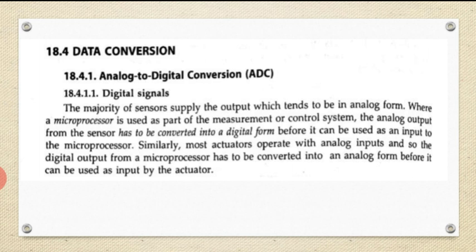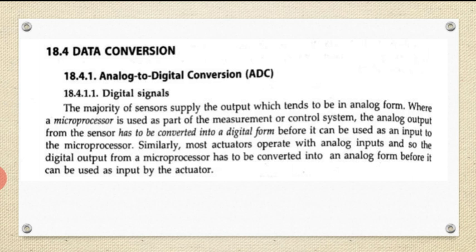In data conversion, the data will be converted from analog to digital and from digital to analog; both are required. We know that the majority of sensors give an analog output. That analog output is connected to a microprocessor, microcontroller or computer, which receives digital form.